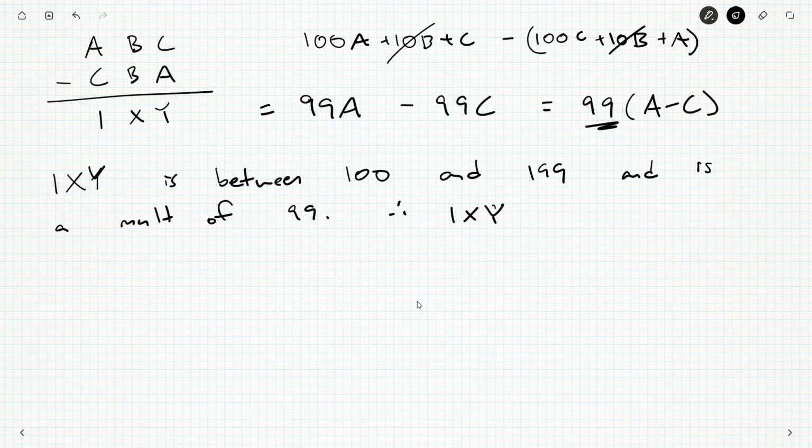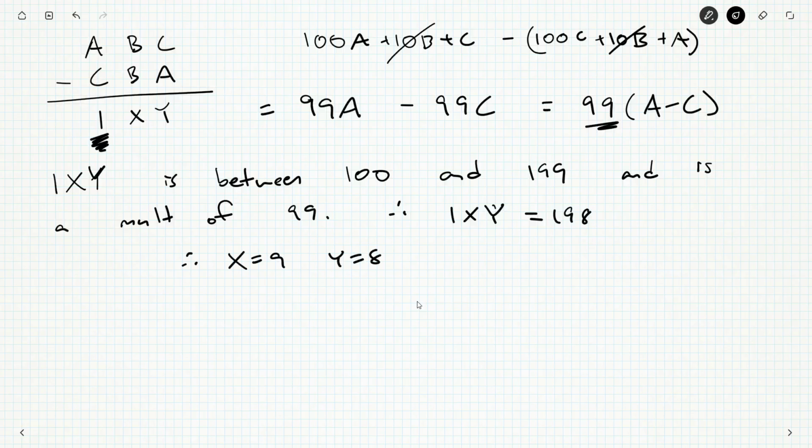So 1xy has to be 198. That's the only multiple of 99 in this range. It's the only multiple of 99 that starts with a 1. This 1 is key. Depending on your A and C, you can get other multiples, but they would start with 3s and 5s and 2s. And so that tells me x has to be 9 and y has to be 8. So we get 90 and 8.